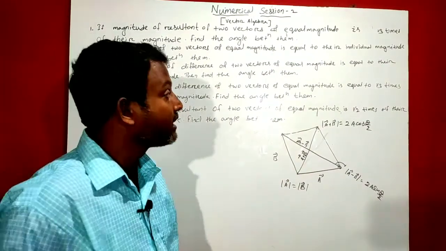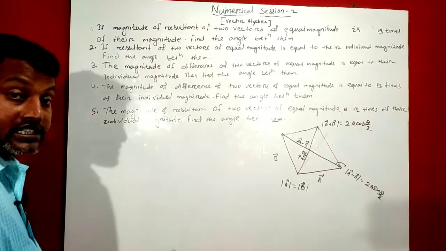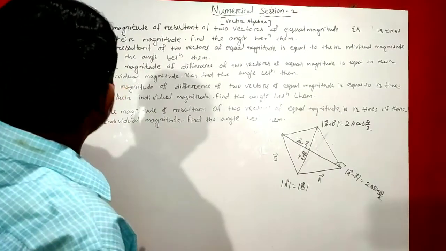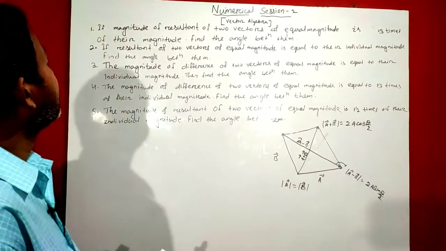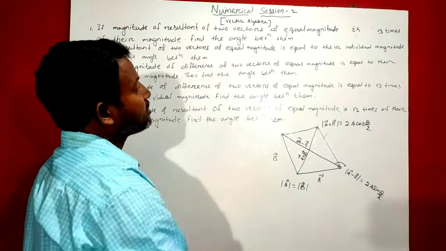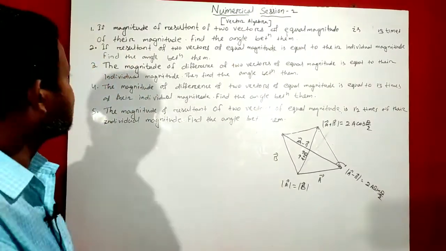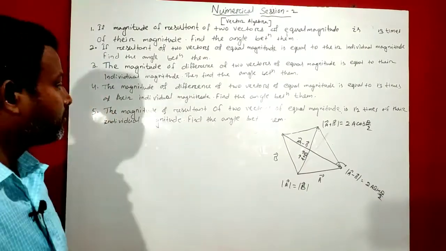This was, guys, it. Let's take number one. The first question is: if the magnitude of the resultant of two vectors of equal magnitude is equal to root 3 times their magnitude, find the angle between them.